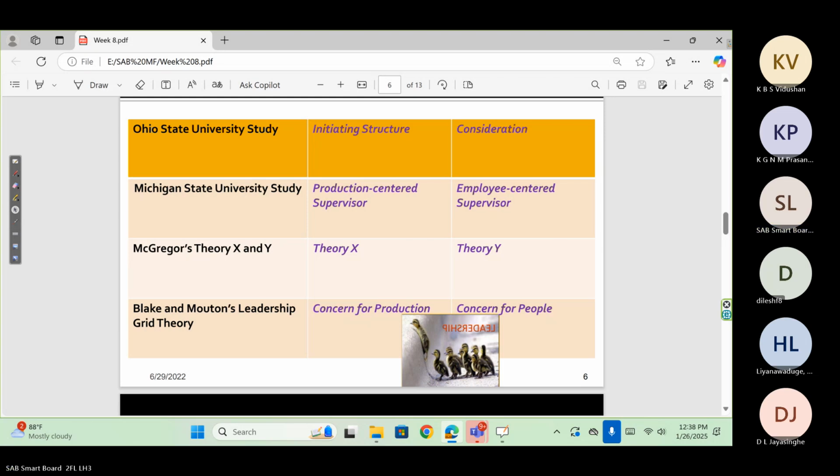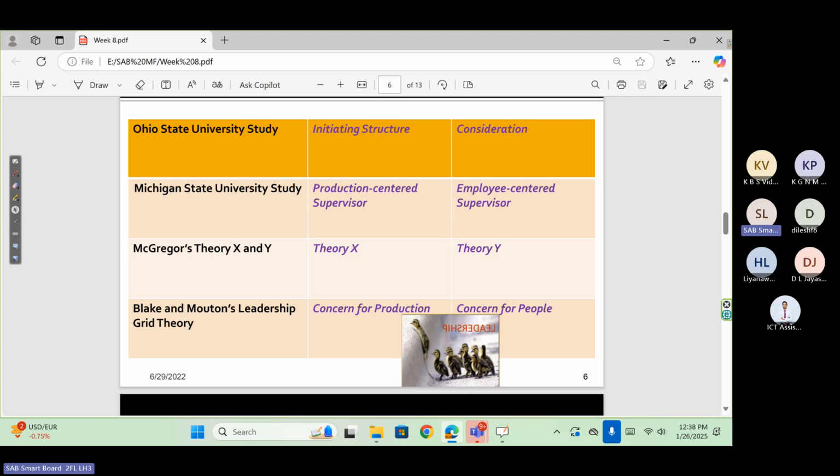But while doing that, these studies also say that it is up to the leader and the manager to have a relationship with people. Therefore, in this column, consideration and the employee-centered supervisor given by Michigan are the terms used to describe the leader's relationship orientation with the people.